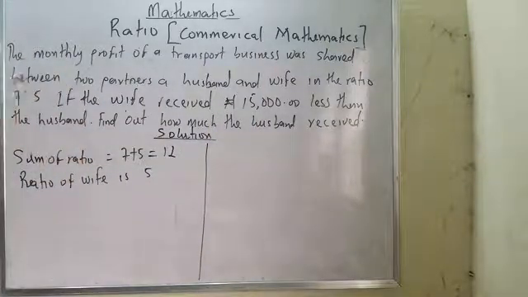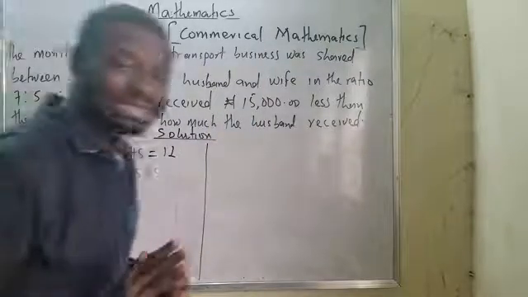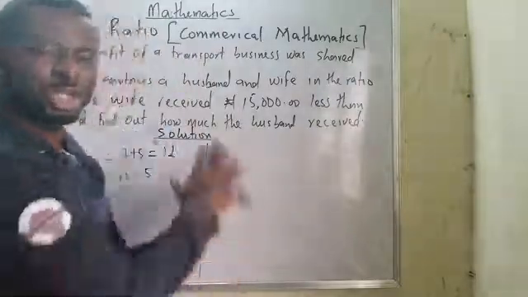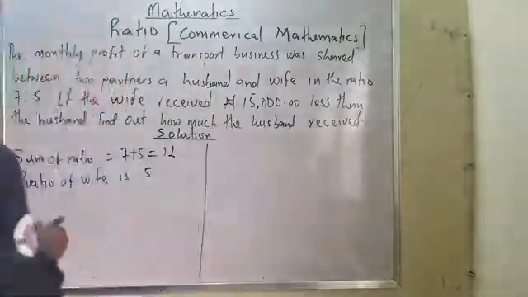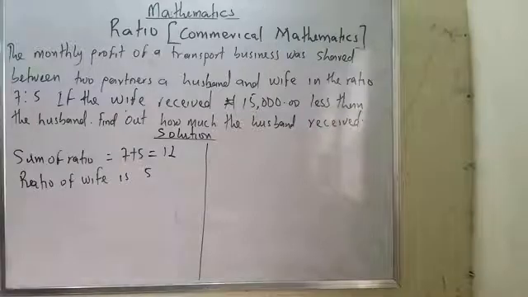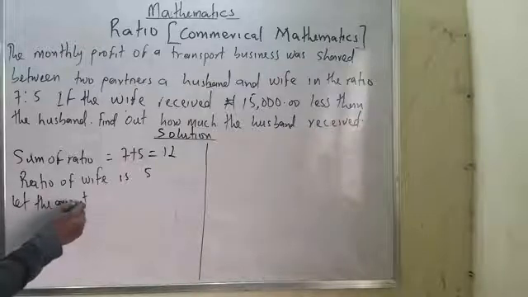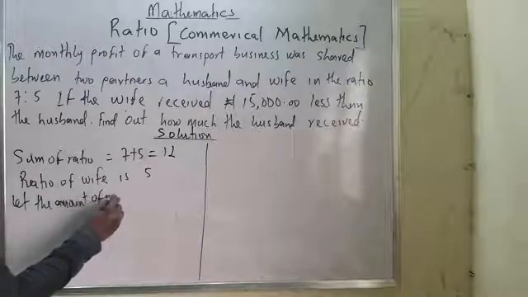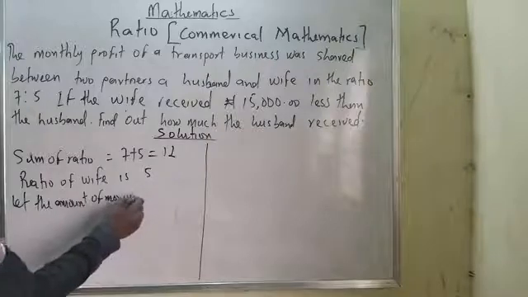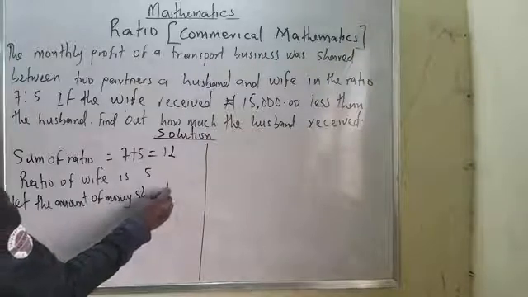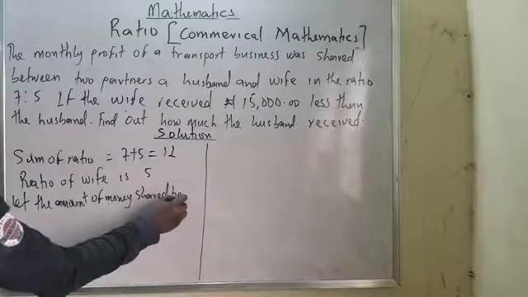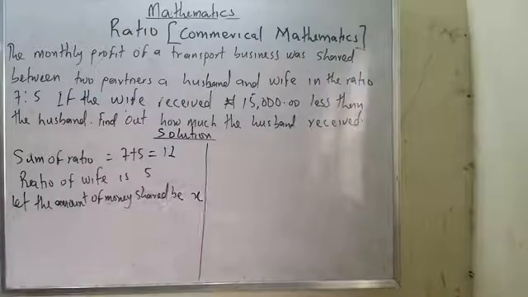It means the total amount of money they generated from that business is not showing at all. Now, if I were you, I would just say, let the amount of money shared be x. You don't know it, x.